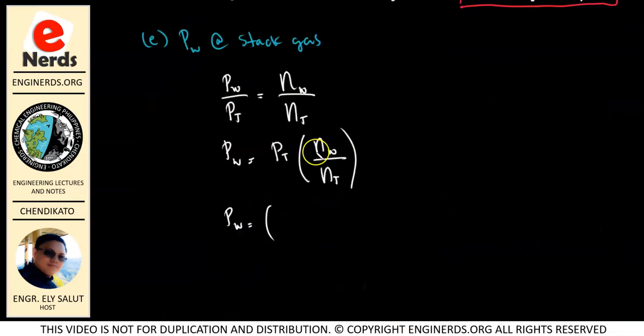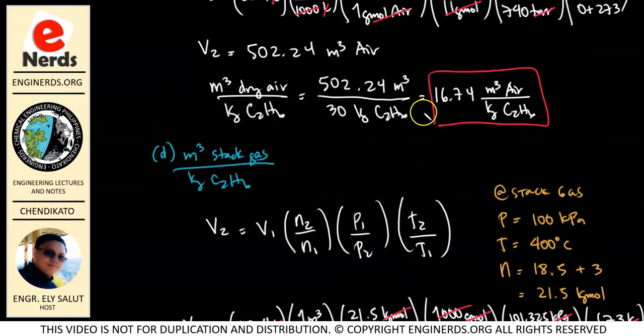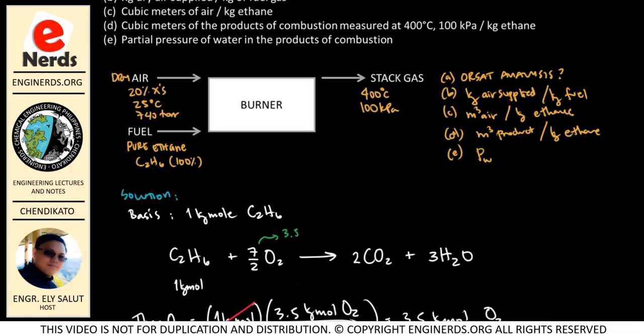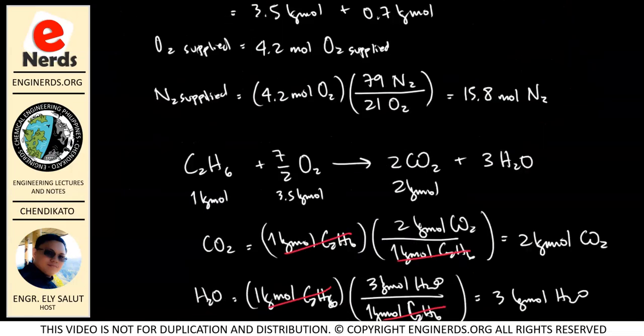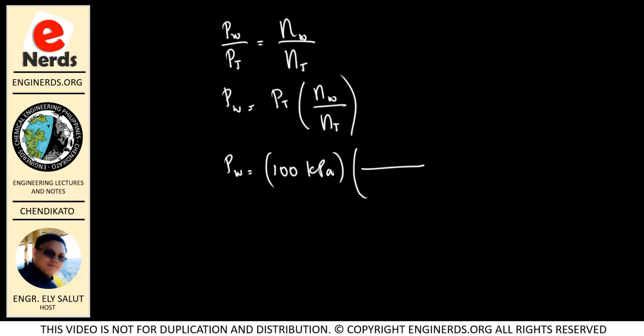So we have 100 kilopascal times the number of moles of water. We have seen that already, which is 3, right? So number of moles of water, calculate natin kanina. Here, the number of moles of water is 3. Okay, so we will be using that sa baba. So we have 3 kilogram moles of water.